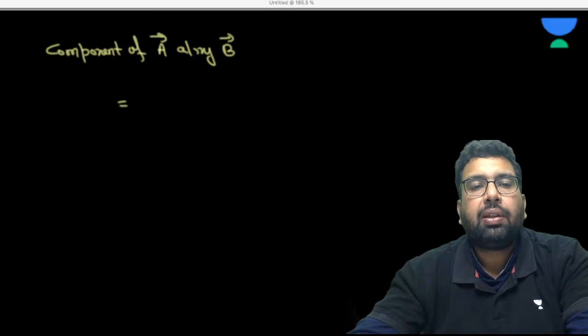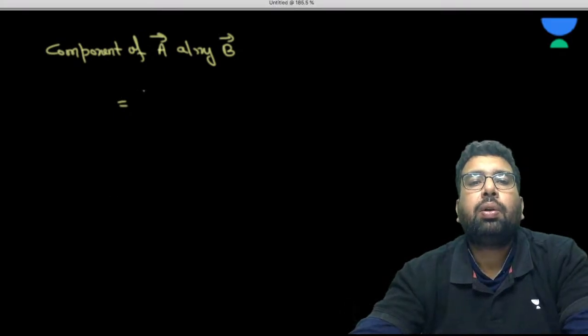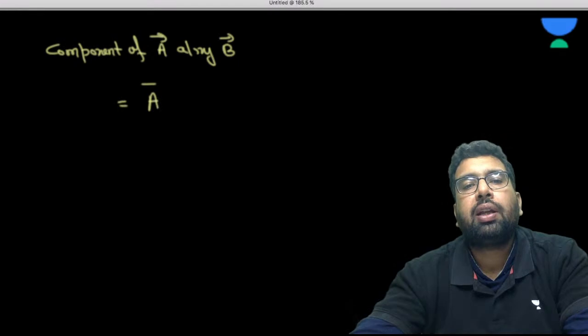So very simply, sir, in the same pattern, we can write the component of A vector along B vector. So it is A vector dot product with B cap.